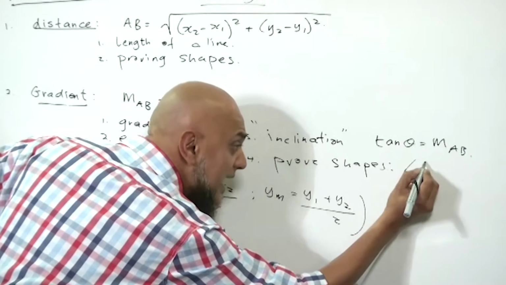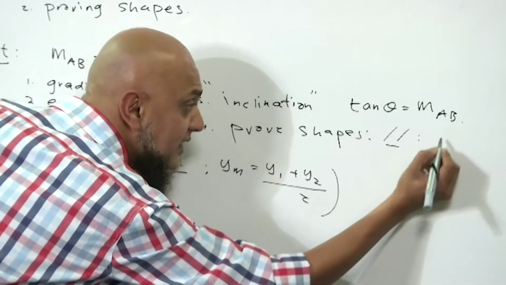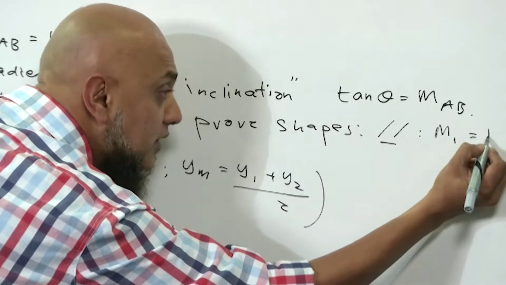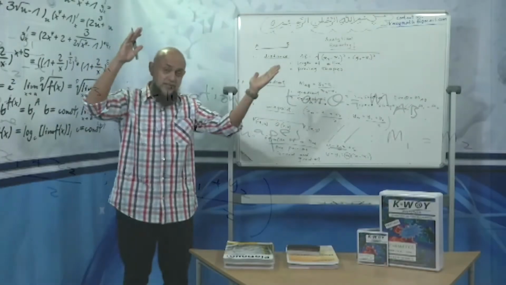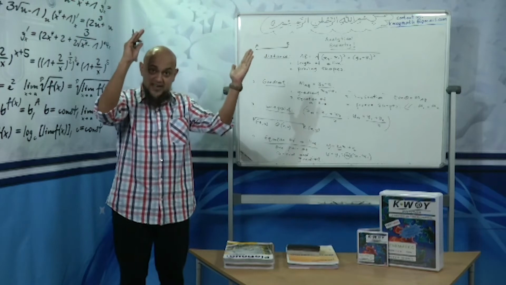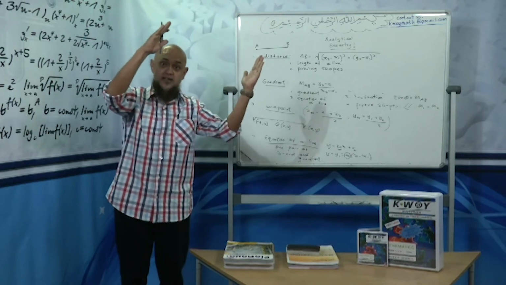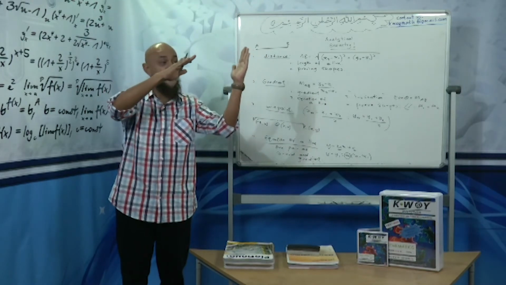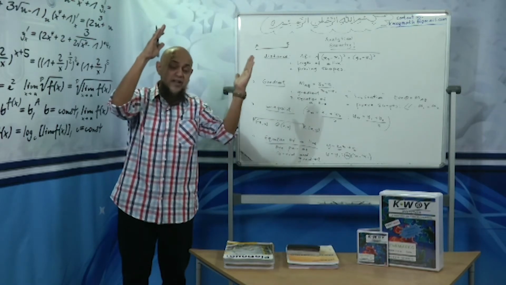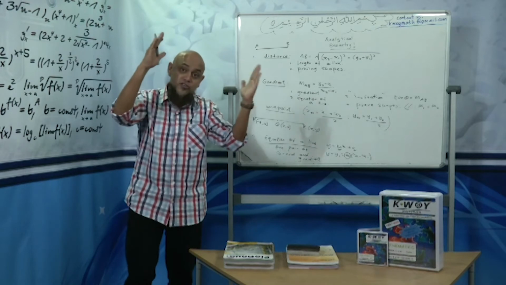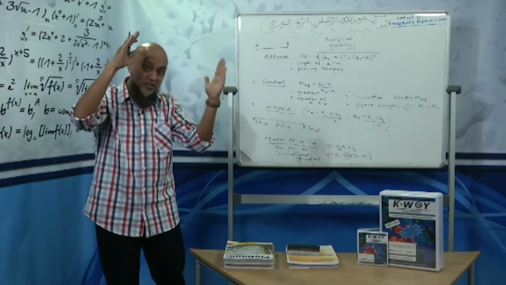We know for parallel lines, the m of line 1 must equal the m of line 2. The gradient of the one line must equal the gradient of the other line, because their slopes must be exact. That's parallel lines. The minute the one line's slope changes, these two lines are no longer parallel. So in order for the two lines to be parallel, their gradients must be equal.